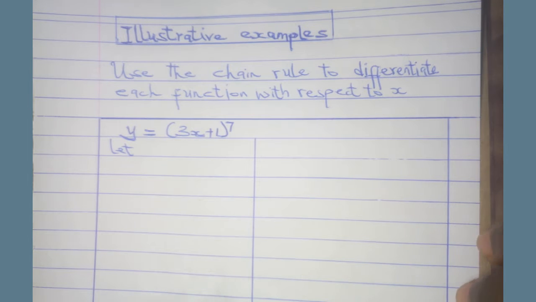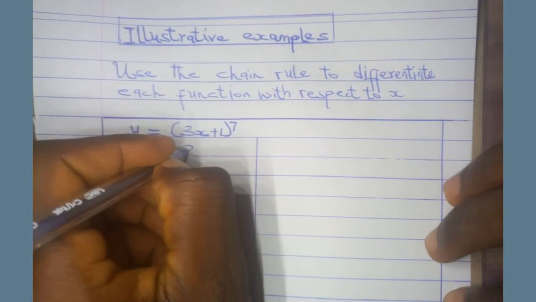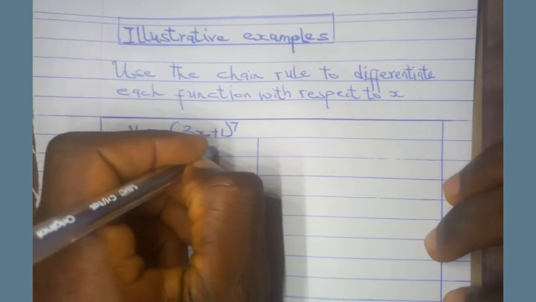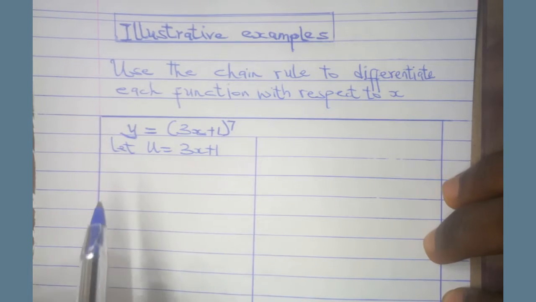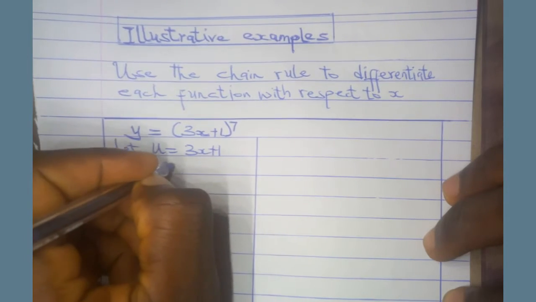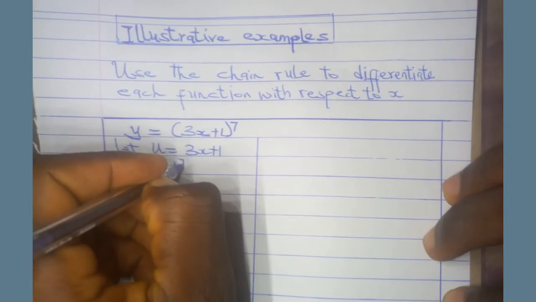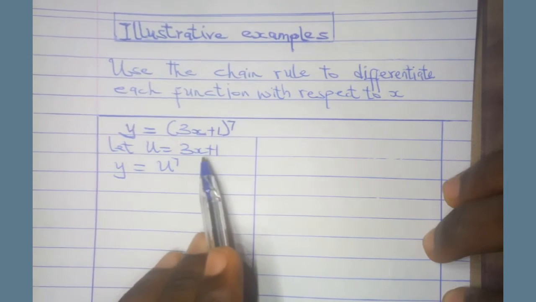So the first thing is to let u be equal to 3x plus 1. So this expression is equal to u. Therefore, I can say that y is equal to u raised to the power 7. Because here is y, and the whole of this is equal to u.